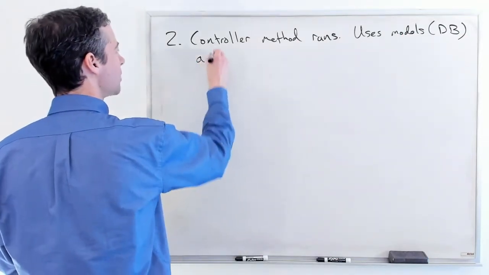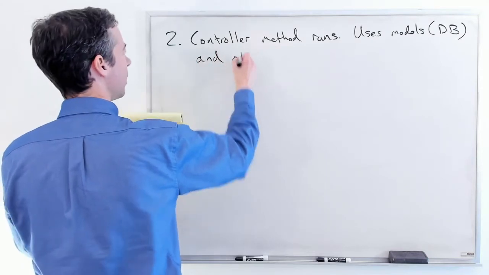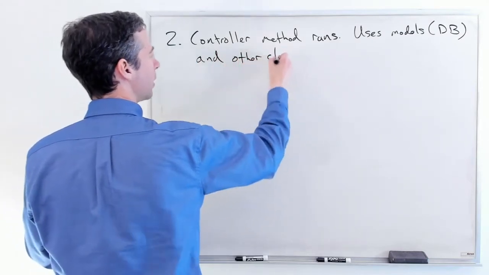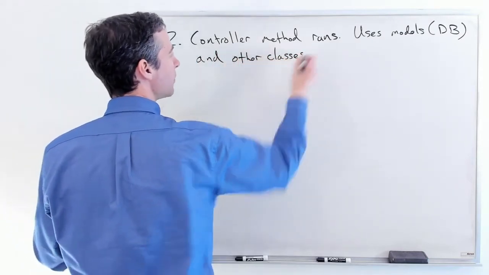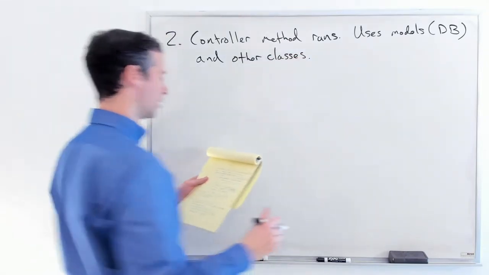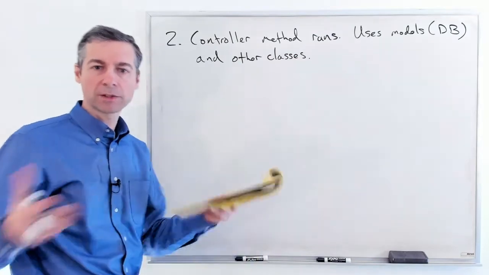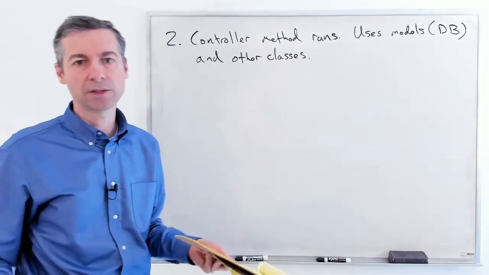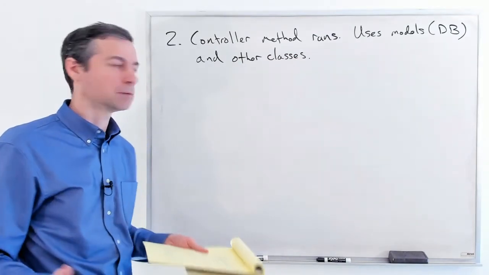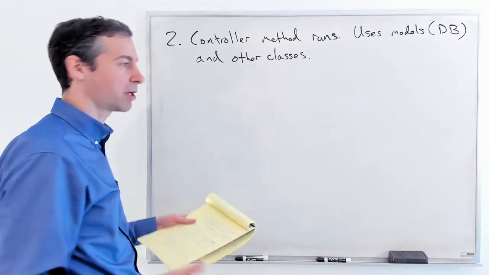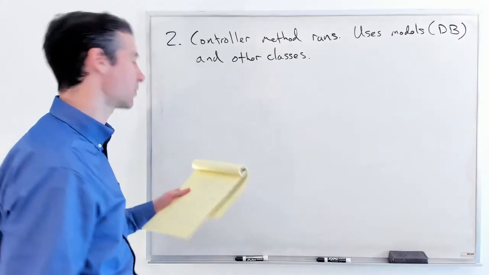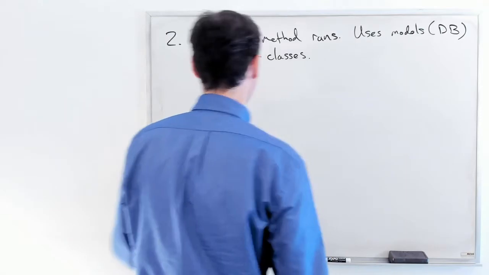Now, besides models, you can write other classes as well. Not everything is in the models. You could write some other class that doesn't have to be tied to the database. So keep that in mind. You can write other methods and other sorts of things as well.